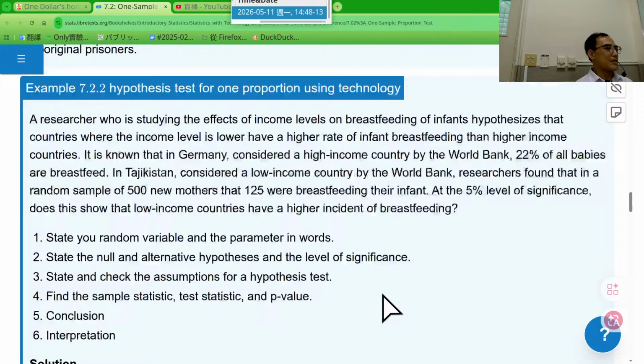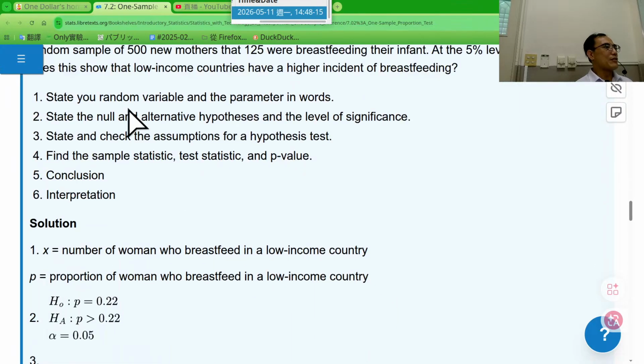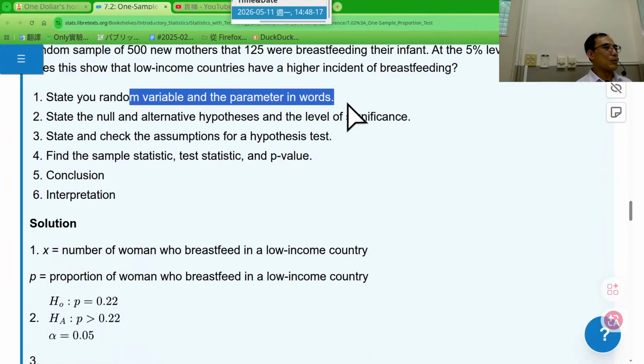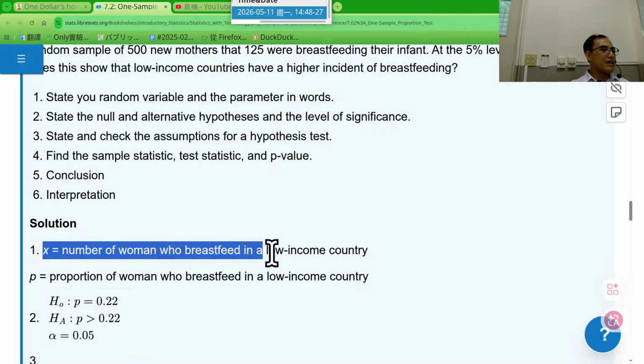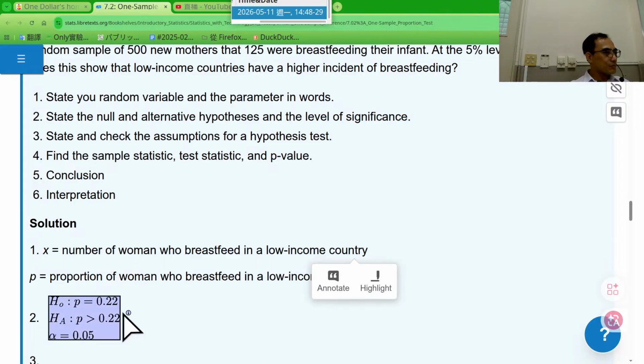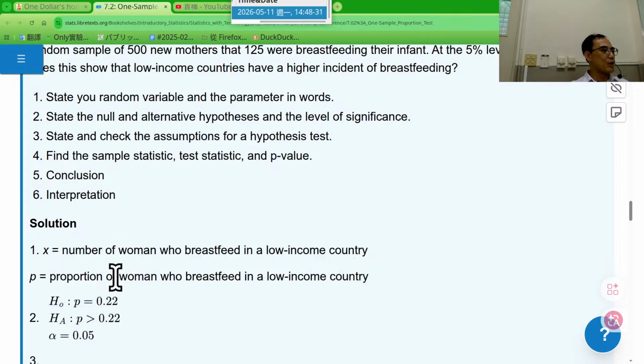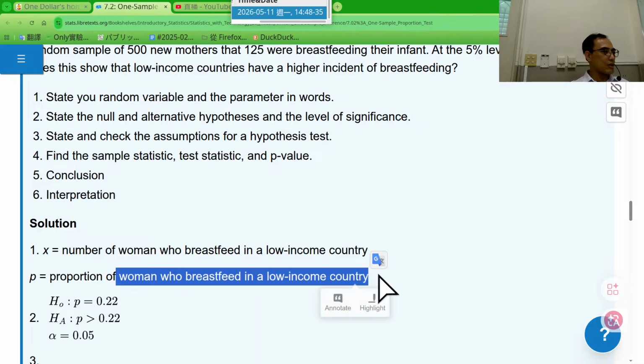Let's move on. State the random variable and the parameter in words. X equals the number of women who breastfeed in a low-income country, and P is the proportion of women who breastfeed in a low-income country.